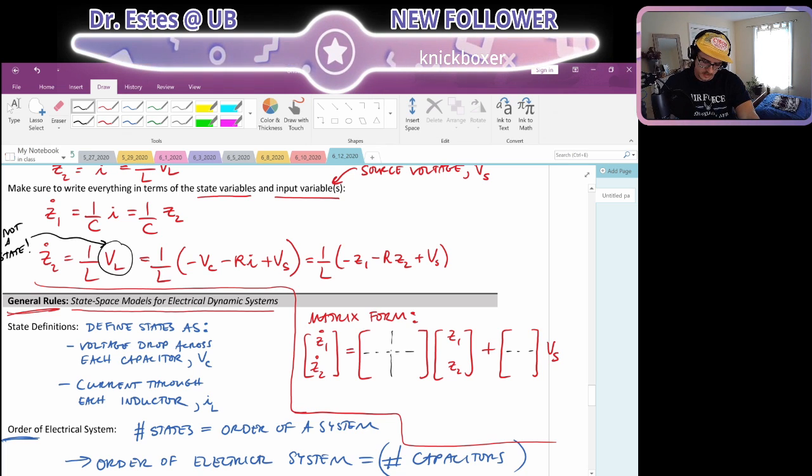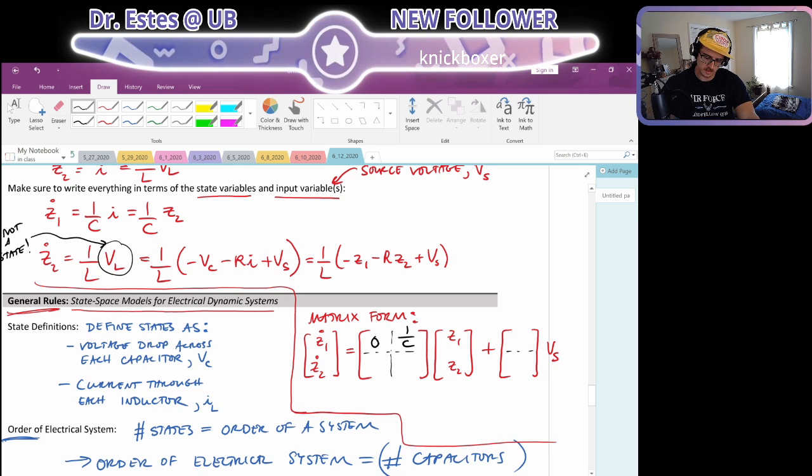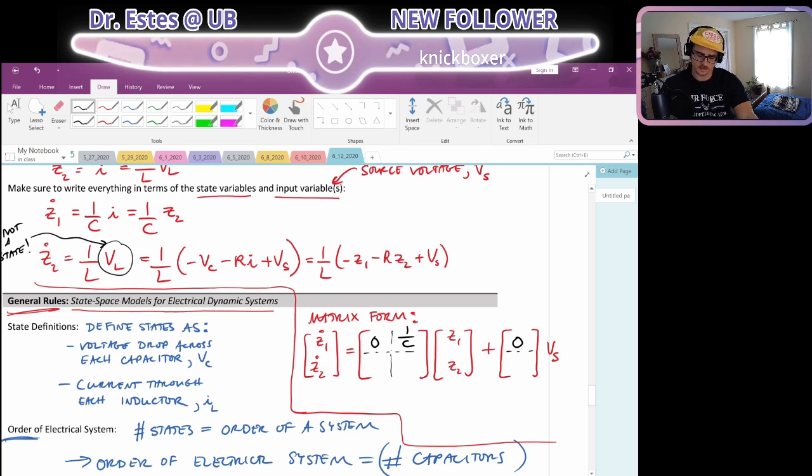All right, so Z1 dot is equal to 1 over C times Z2. So 0 times Z1 plus 1 over C times Z2. And it doesn't depend on the source voltage. So I put a 0 there.